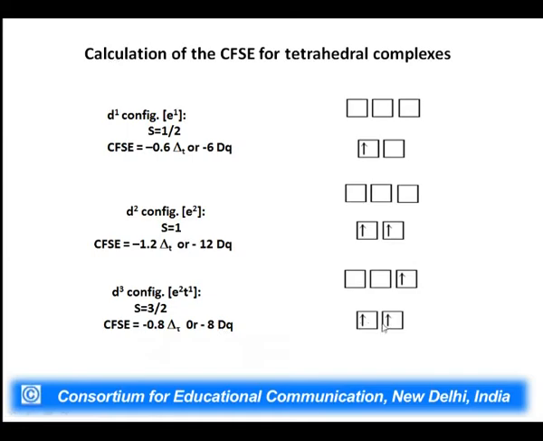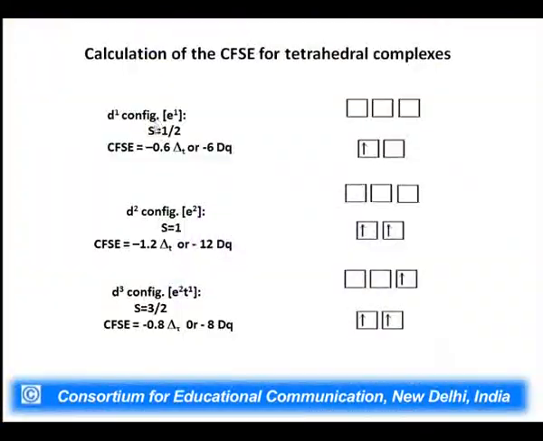Remember, in tetrahedral complexes, it is the high spin complexes which are always formed. So the third electron does not get paired up in the E state, rather it goes into the T2 state, and therefore all the 5 electrons get filled into 2 of the E and 3 of the T2. Ultimately, then the pairing starts from the d6 state.